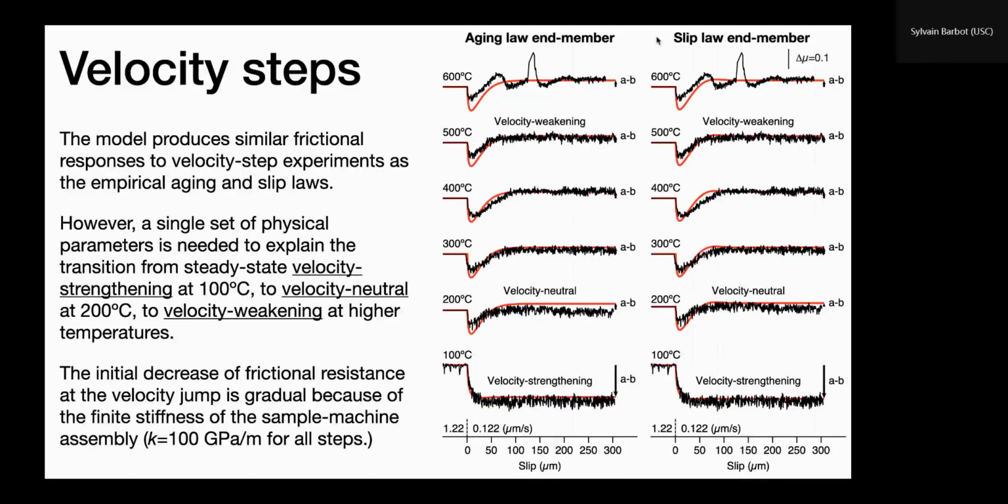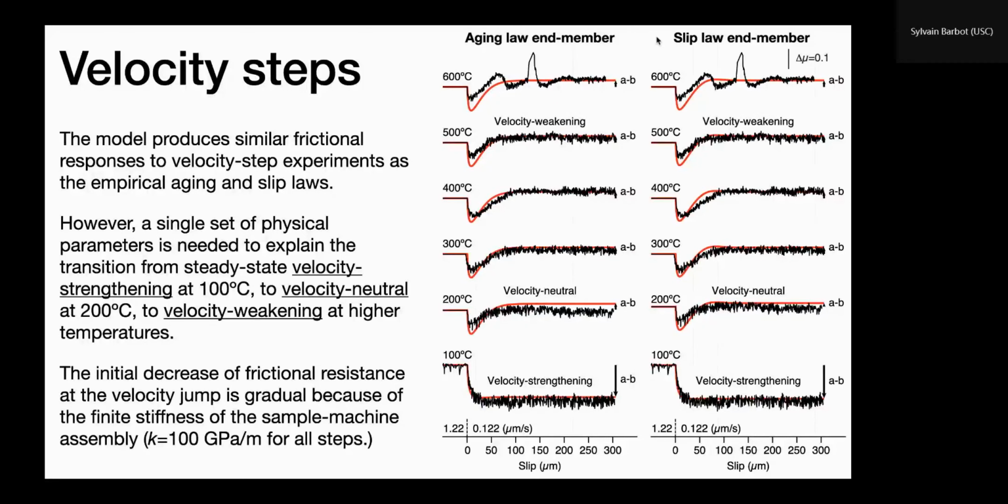And you can see in the data itself this transition from velocity strengthening at 100 degrees to velocity neutral at 200 degrees to slight velocity weakening at higher temperature. And again, this is slightly different from the theoretical direct effect followed by the evolutionary phase because of the finite stiffness of the sample.